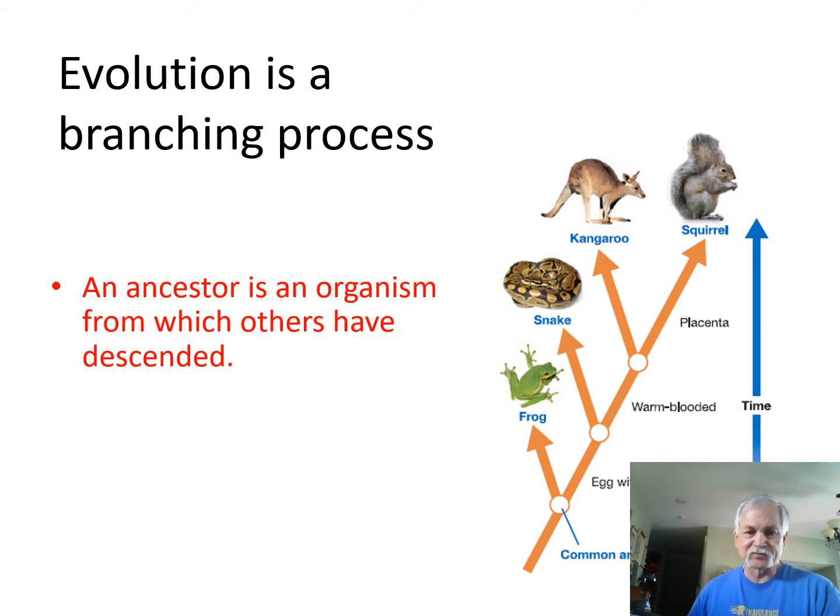So, an ancestor is an organism from which others have descended, just like your grandparents are your ancestors, your great-great-grandparents go back one more generation, and so on and so forth. And you'll find out that over the millennia we look a whole lot different than we did perhaps 1,000 years ago.